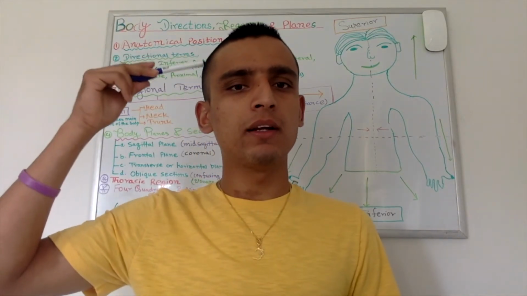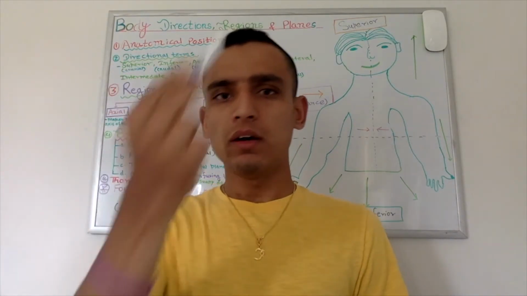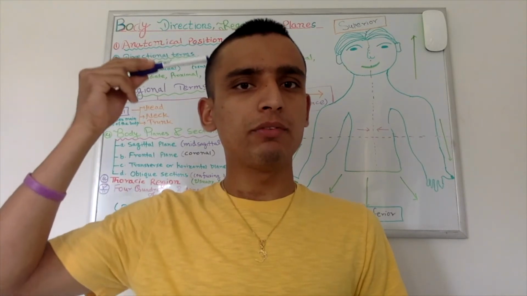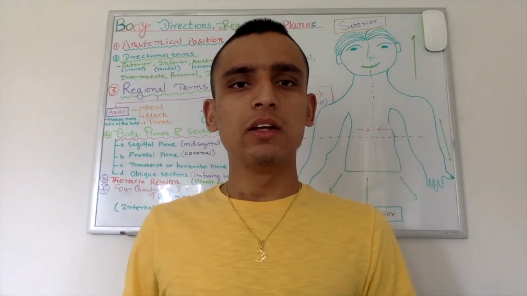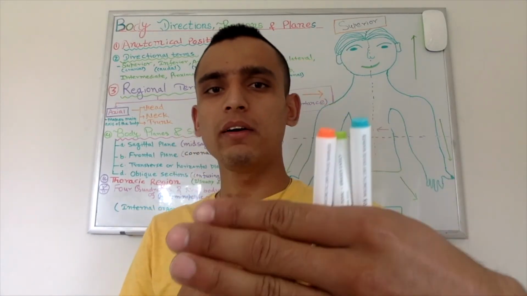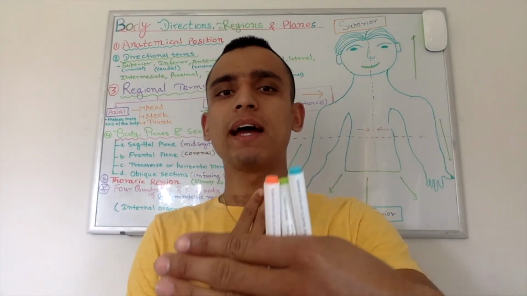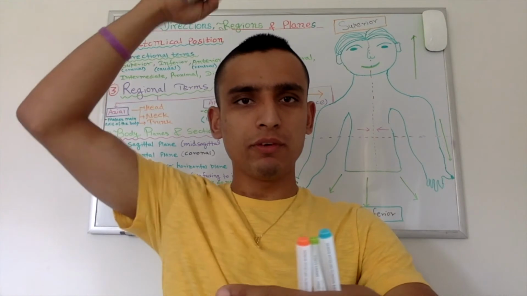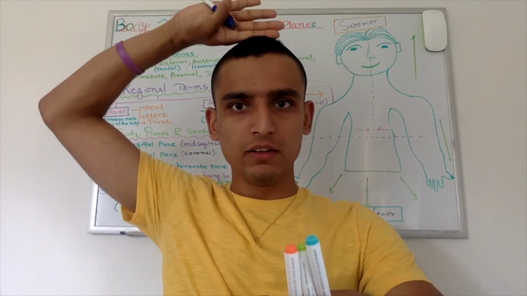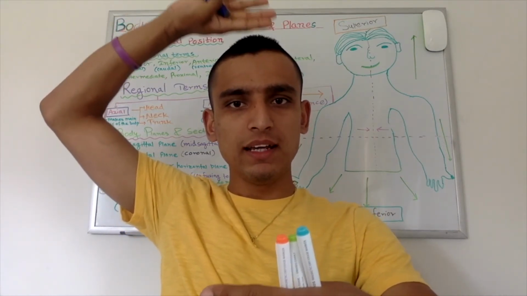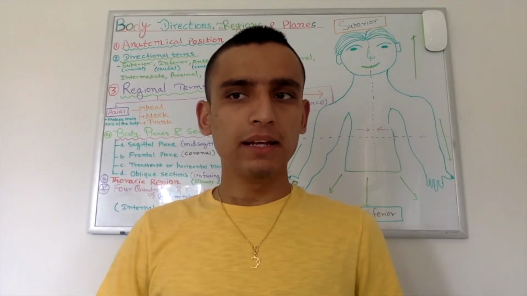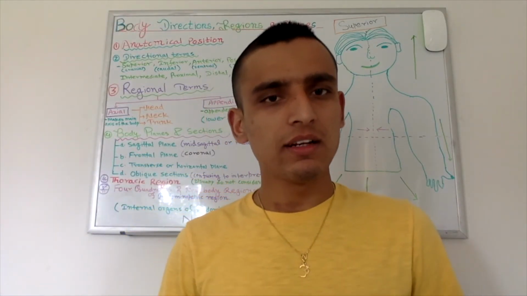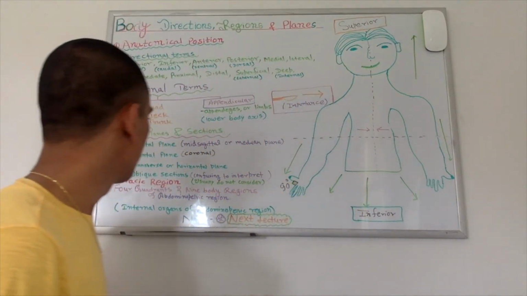If you cut your body this way, from the lateral side, you will see the front of mine and the back of mine. This is called the coronal plane or frontal plane. This is a type of plane also, so you need to understand.